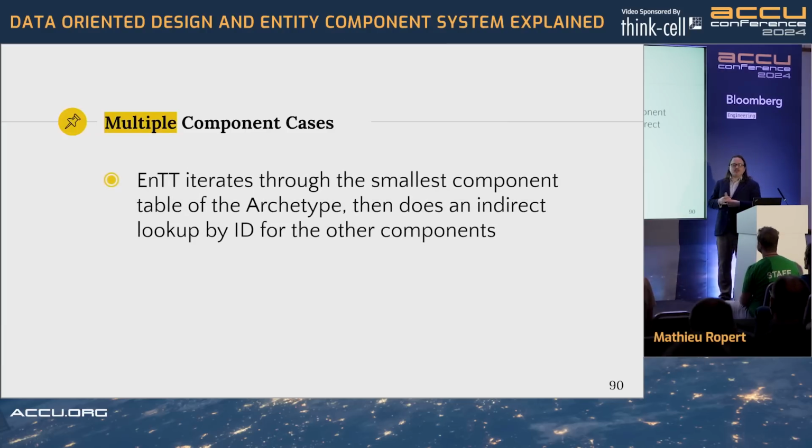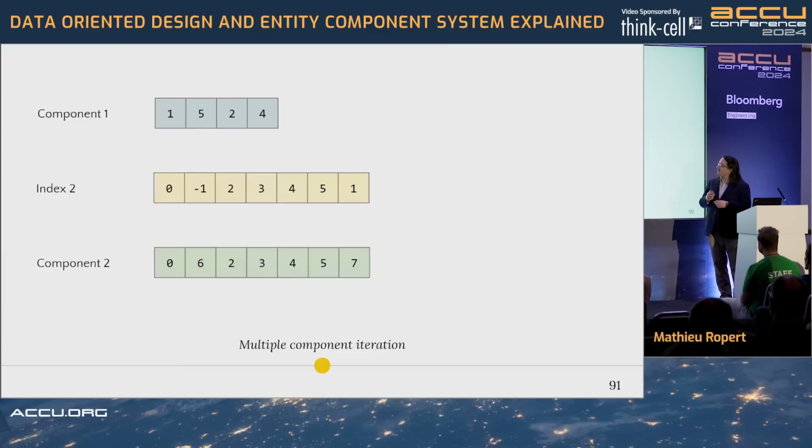The alternative that EnTT does is that it assumes it will be able to find one that is way smaller than the other ones, and then relies on the fact that you're not going to have to look up that many things. So for example, let's say we want to iterate on all the entities that have component 1 and component 2. What we do is we use the smallest component, the one that has the smallest size, as our base, and that one we just iterate from beginning to end.